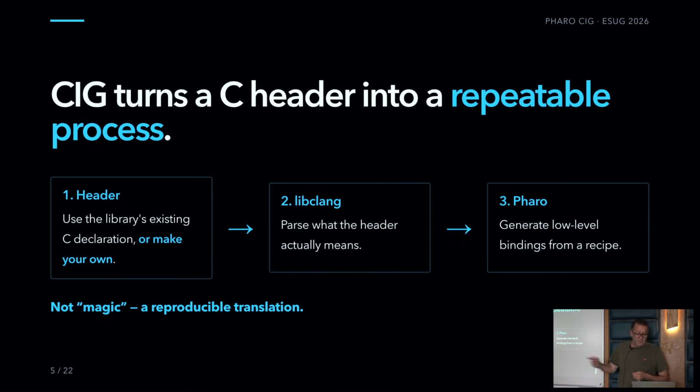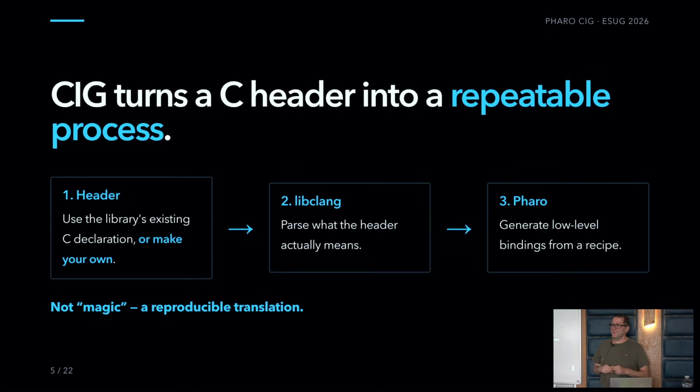So what we do is exactly that. We use libclang to parse the header and generate a low-level binding from a description that you write, a specification that I call a recipe, because since half of my projects are already named spec, I decided to call it recipe, just to make a difference.